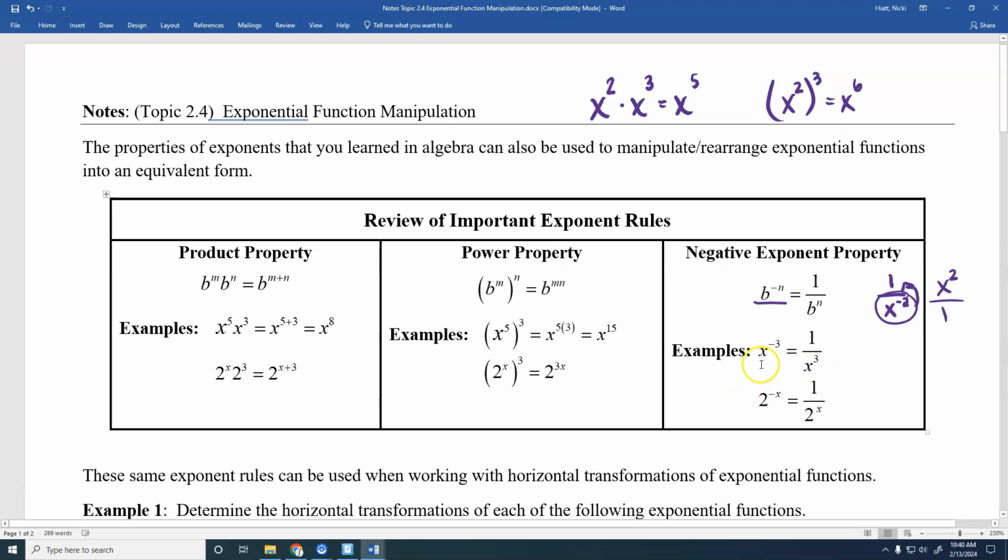So if I have something like x to the negative 3, I get 1 over x to the 3rd, right? And then 1 over x to the negative 2, I can move that to the top, and I'll get x squared. All right.